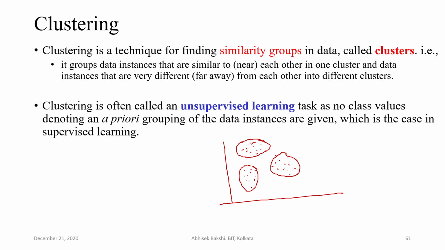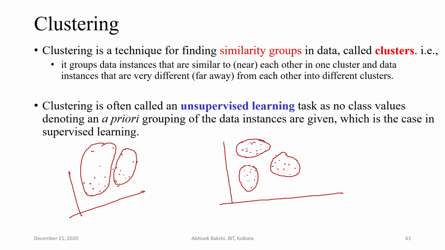If you find the opposite situation, for example, suppose I have 4 points here, and we have drawn a cluster something like this, it is not going to be a good cluster.